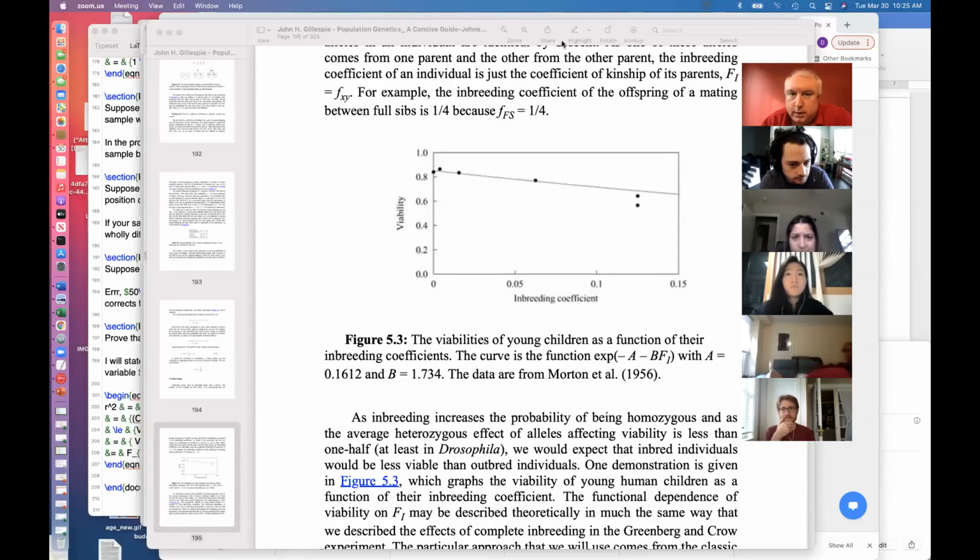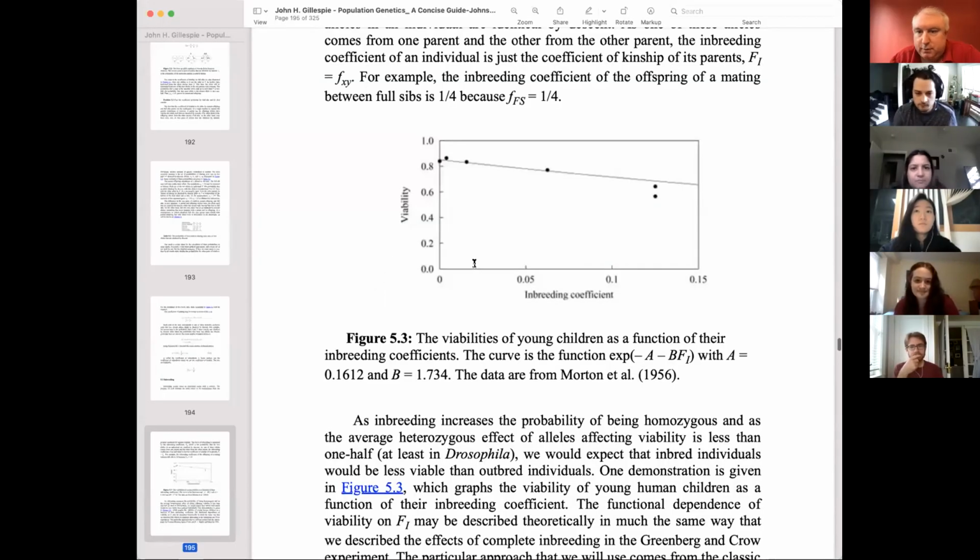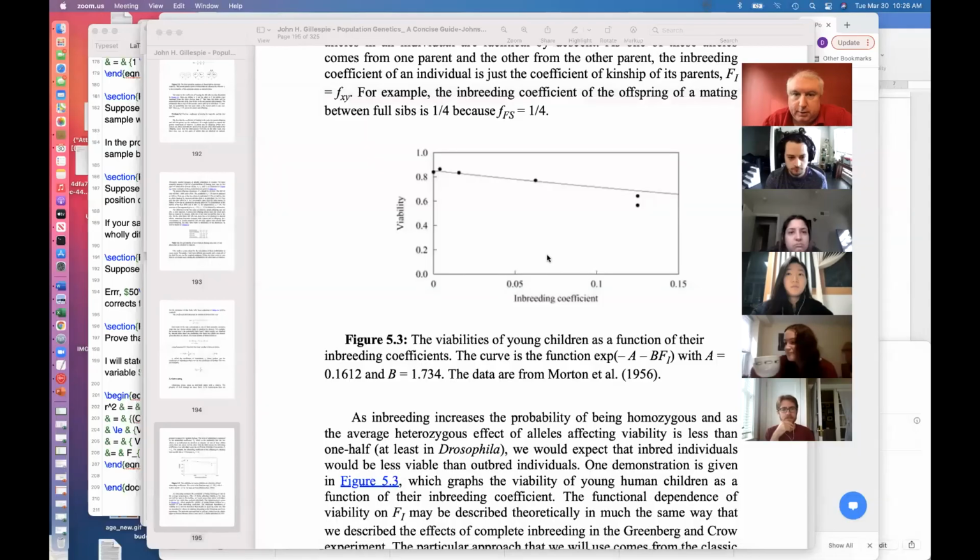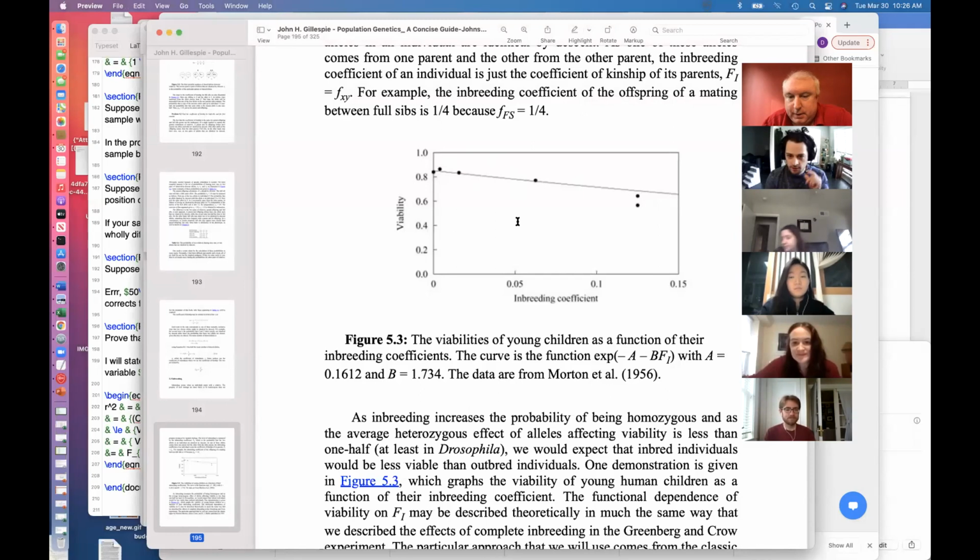Oh, this is great. Stop share. Share. Can you see what looks like an image of Gillespie's book now? No. I'll just try sharing my desktop. Can you see my messy desktop with what looks like a PDF on it with a straight line? No, it's just blank. Oh, good. This is going to be fun.